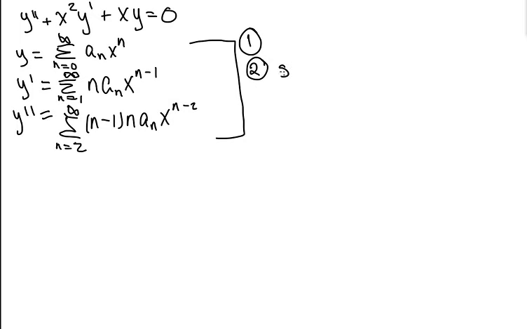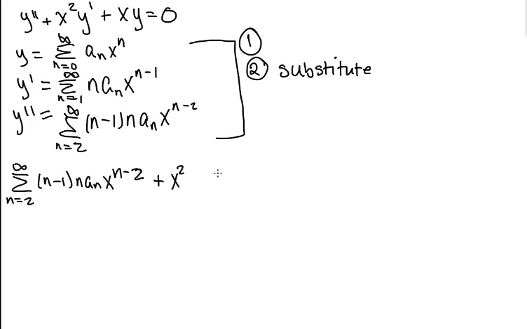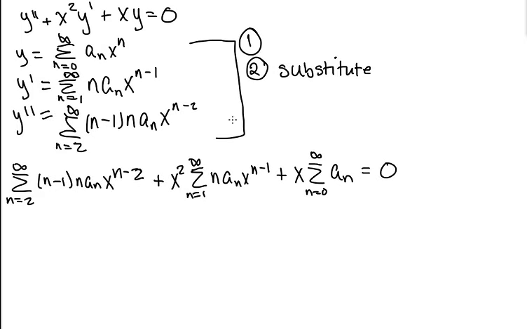Step 2, we want to substitute. Okay, so we want to substitute these into this differential equation. So y double prime is now, plus x squared times y prime, plus x times, so we just set it up right now.